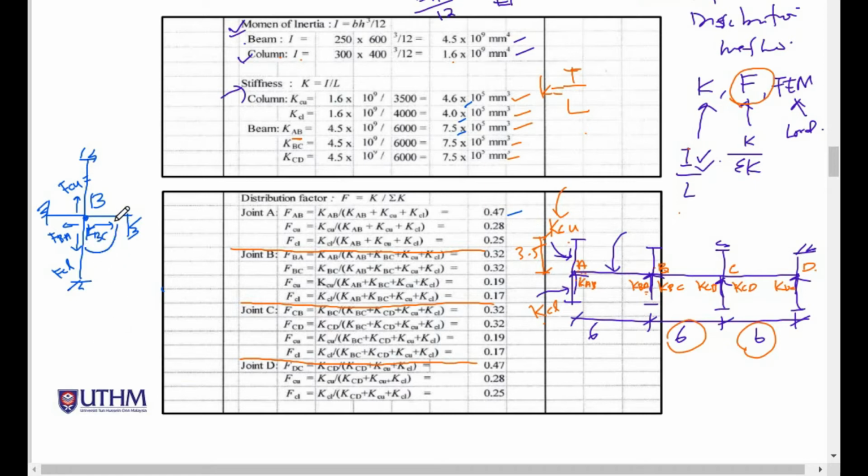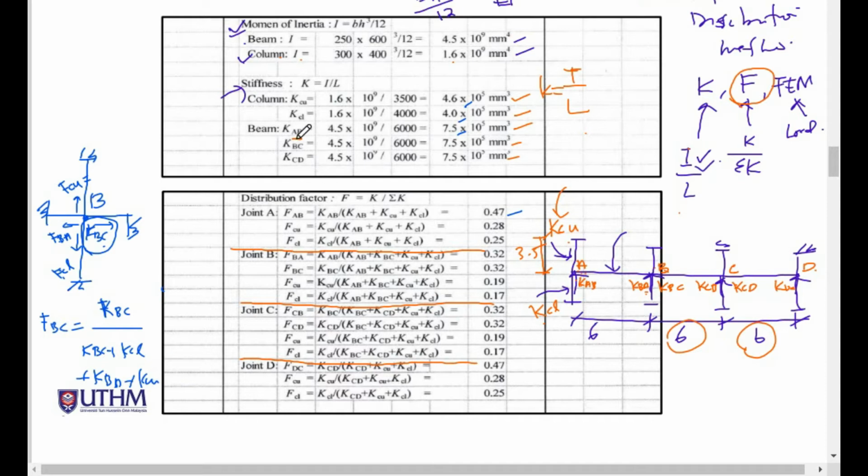Let's say you want to determine the distribution factor for FBC. FBC is equal to KBC divided by KBC plus KCL plus KBA plus KCU.